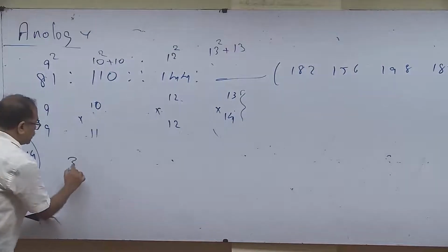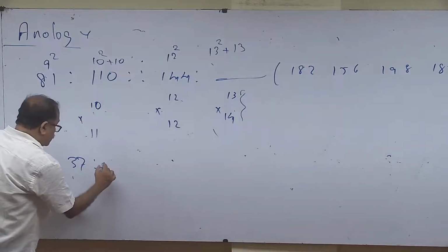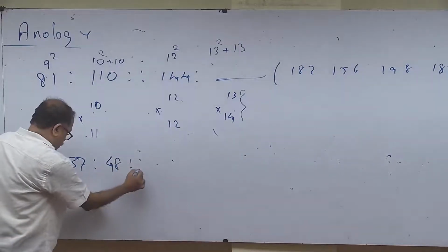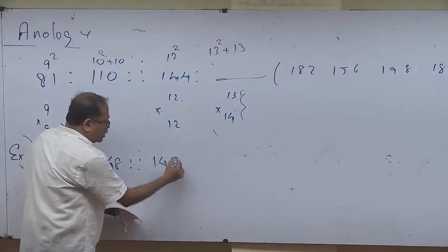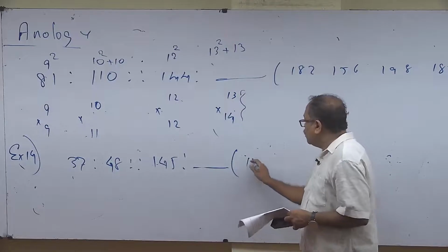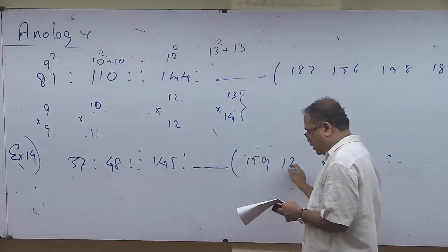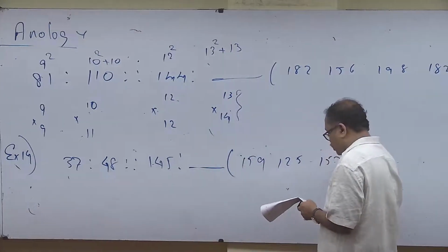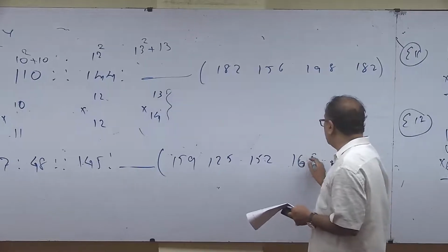Example 14. Let's take this 37 if written as 48, then 145 and dash. And here are your options: 159, 125, 152, 168.